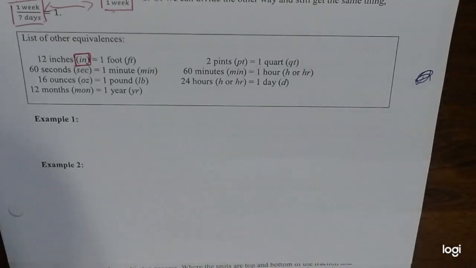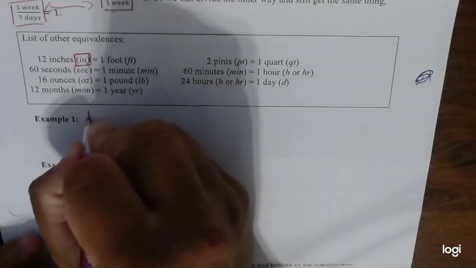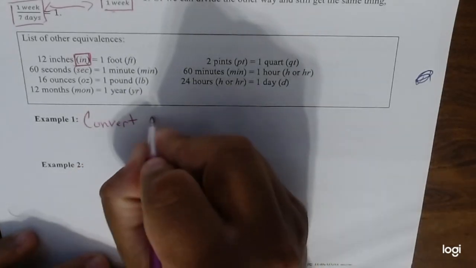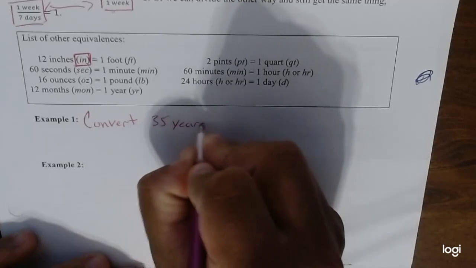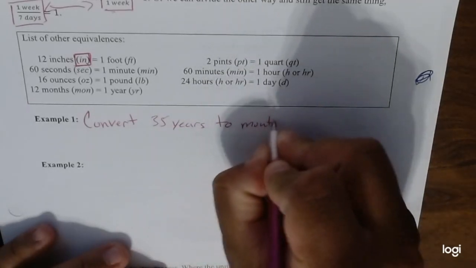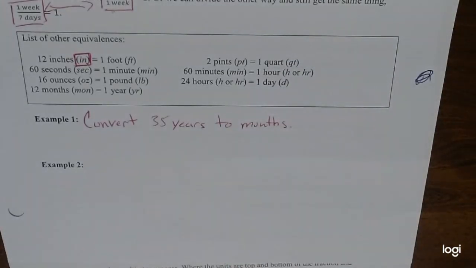So let's just do a couple examples, right? So first example, let's say we want to convert 35 years to, let's say, months. Okay.